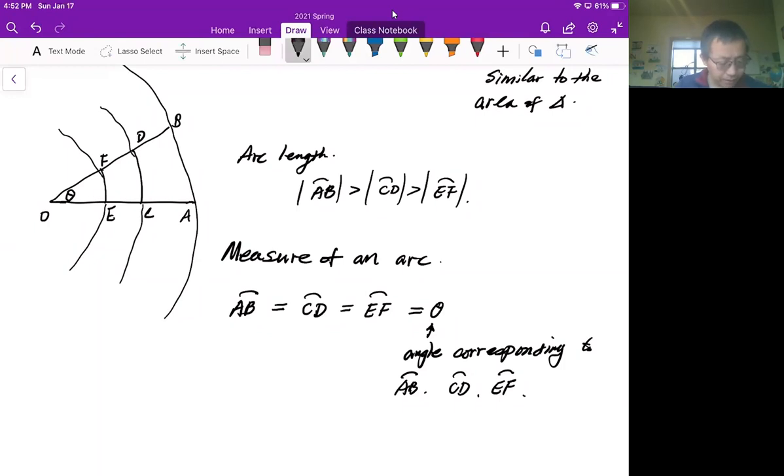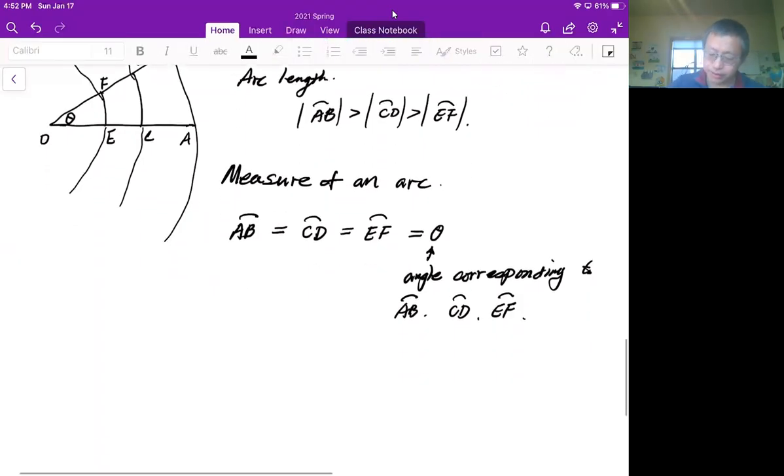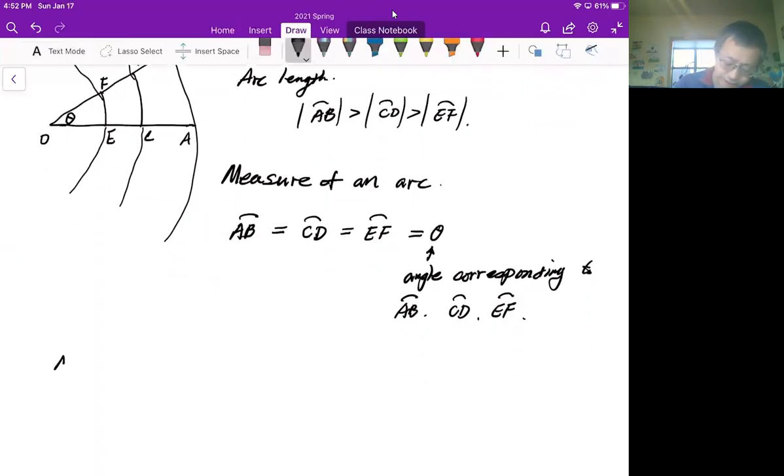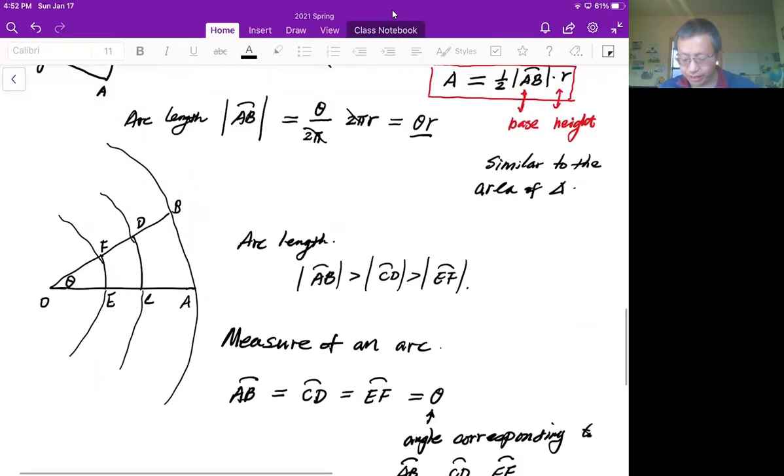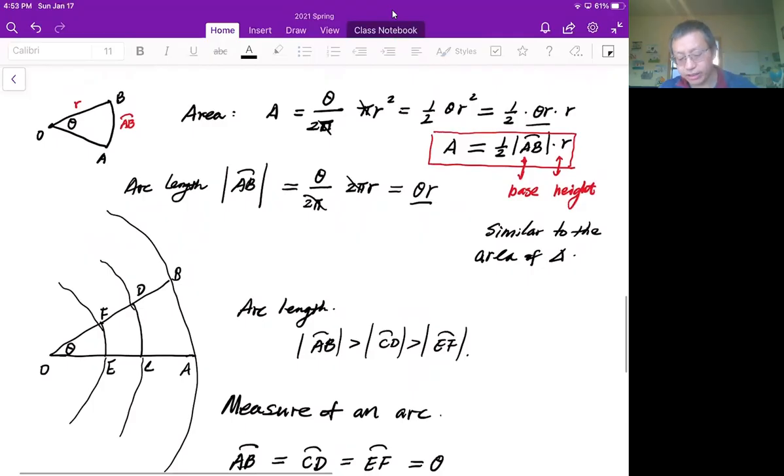So what's the connection between the two? Well, the connection between the two is the following. We just mentioned that the arc length is equal to theta times r. That's the formula introduced earlier. The arc length is theta times r.